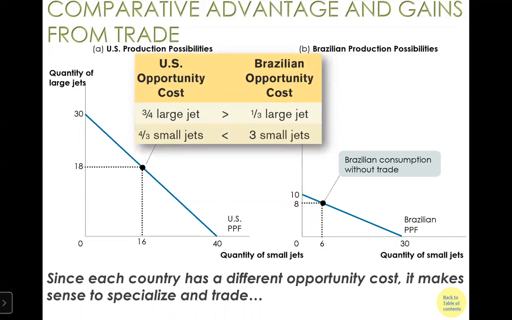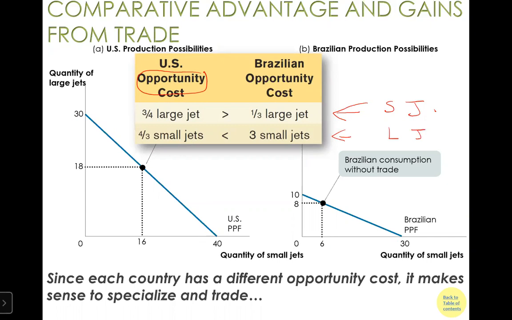But to understand how they can benefit from each other, we must look at their opportunity cost, right? So in this box, I have calculated the opportunity cost for each country. On the first row is the opportunity cost of small jet. And in the second row is the opportunity cost of large jet. Let me explain quickly why we come up with these numbers.